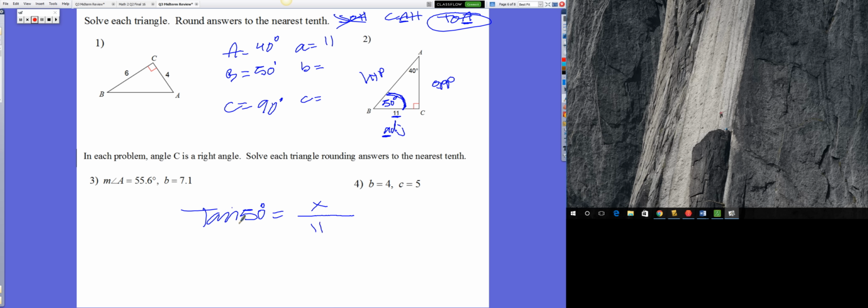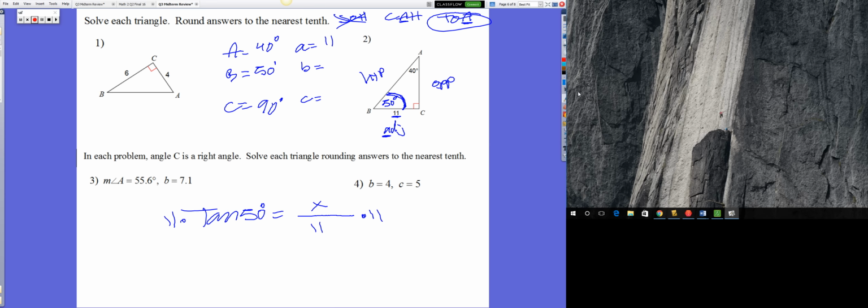Okay, this one's pretty easy. So look, to solve for x now, x is just being divided by 11. So undo that divide 11. So times by 11 on your calculator. If you type in 11 times tangent of 50, that will give you your answer. And the x you found was the opposite.